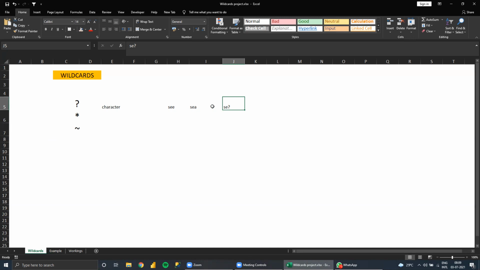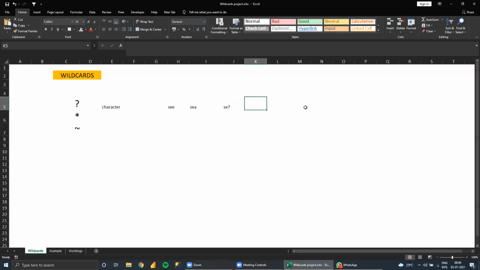So I have C, yes, E is correct, but the last character is anything, because people write E or A or something else, so anything can be readable. In this situation we need to use a question mark. Suppose two characters are spelling mistakes, then two question marks, three question marks, like this.